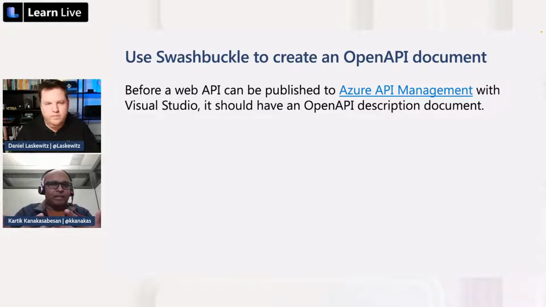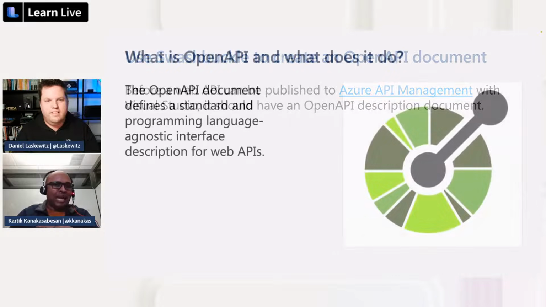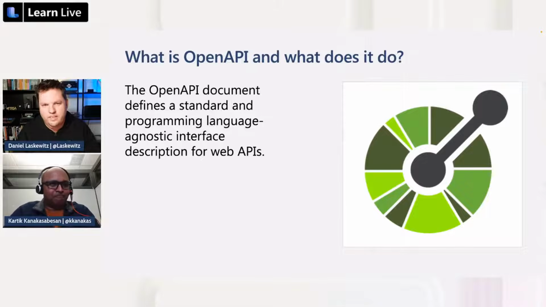It also helps that you get to test out things, and that's one of the cool things about OpenAPI: because the Swagger doc gets generated, you can actually try out the API even before building an app from it. Yeah, so the OpenAPI document is basically a description of the API.